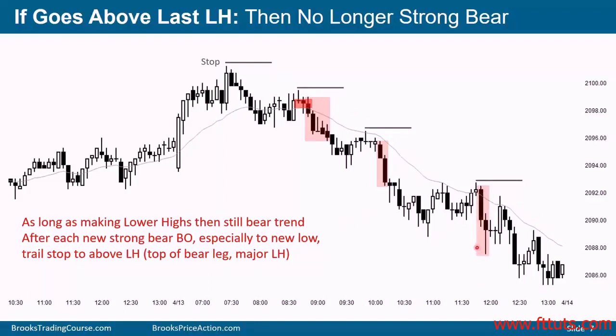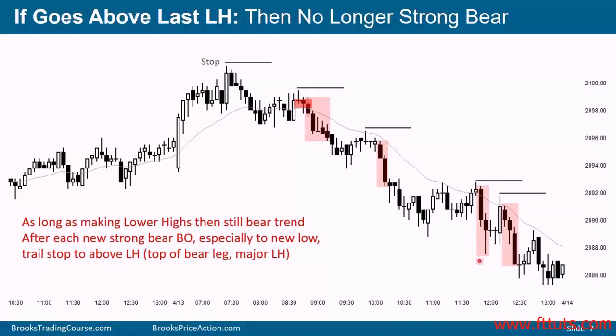Strong bear breakout to a new low. If it's in a bear trend, it should not get above that high, and therefore you could lower your stop from here to here. And that does not matter whether you shorted here or shorted here or shorted here. Your stop location has nothing to do with your entry.